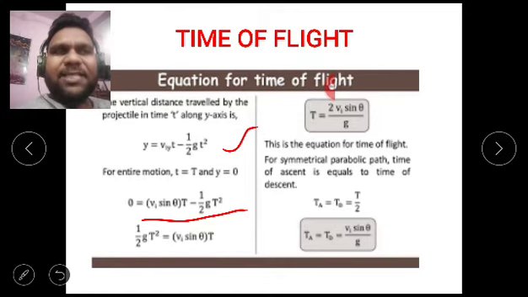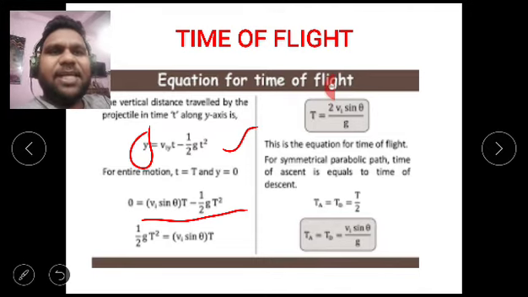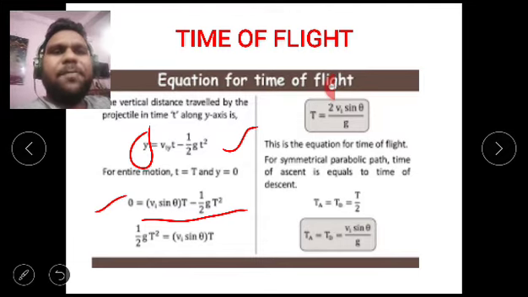The displacement along the y-axis is 0 when the object hits the ground, or is at the lowest most point in the trajectory. So we put y equal to 0, v0y equal to v0 sin theta, and we get 0 is equal to v0 sin theta t minus half g t square, where t is the time of flight, the total time taken by the projectile to hit the ground from the point of its projection.